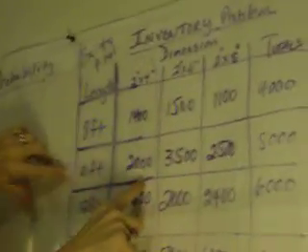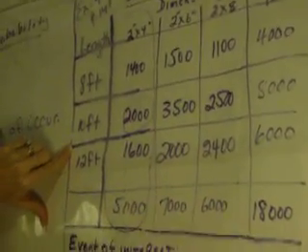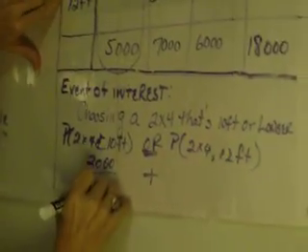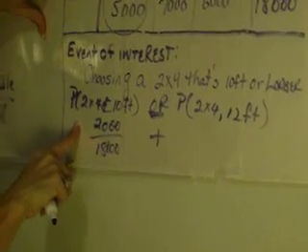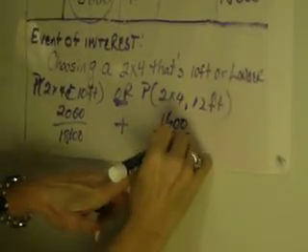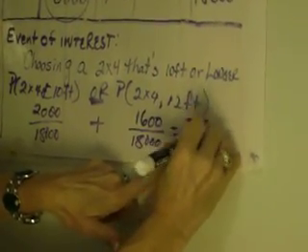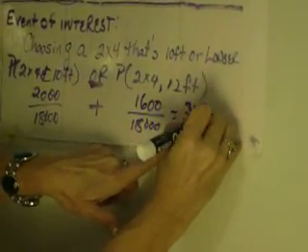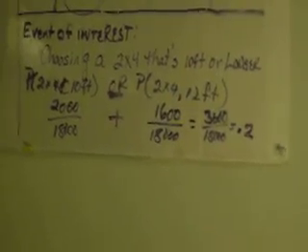If you read down the column and you read across the row, there's 2,000 out of the 18,000. That's my probability of 10-foot 2x4s. The probability of 12-foot 2x4s is going to be, well, 1,600 out of 18,000. And if I add this together, I get 3,600 out of 18,000, which would become 0.2 if I were to go ahead and put that in decimal form.